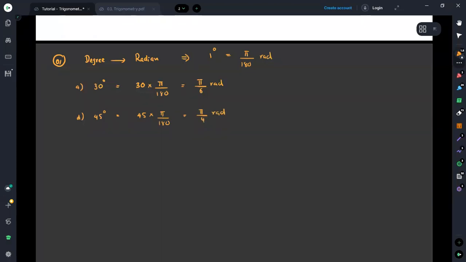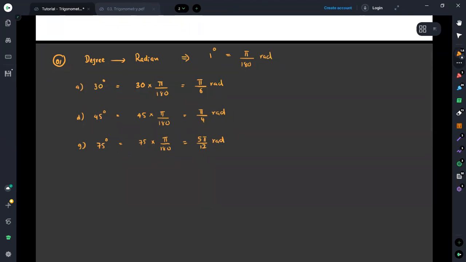Then the next question I am taking is part G. In here, the angle is given as 75 degrees. Then the conversion can be taken as 75 into π over 180. Once we solve this, we get this value equals 5 times π divided by 12 radians.